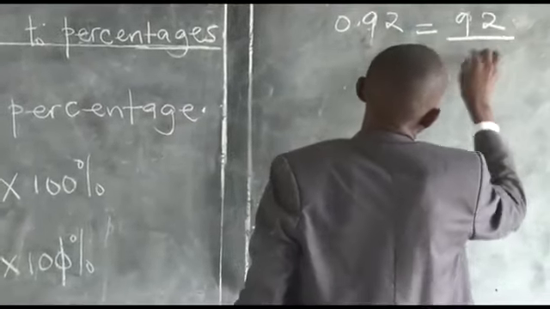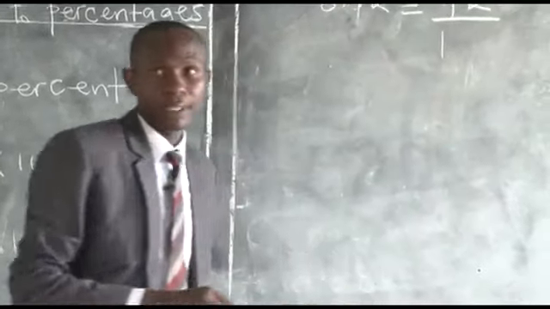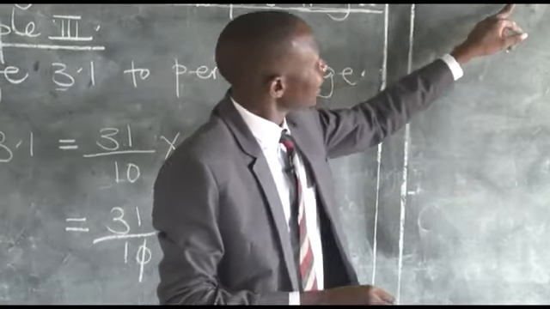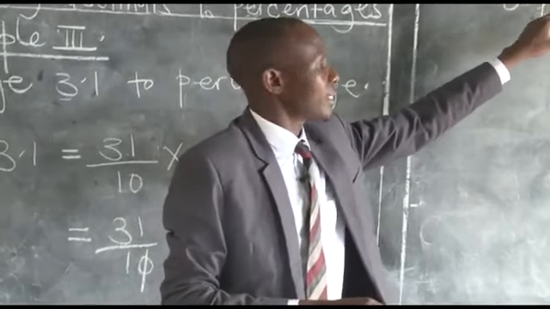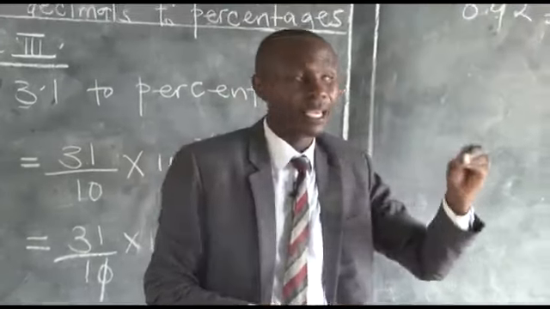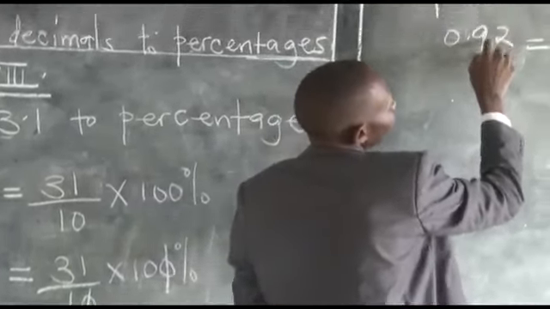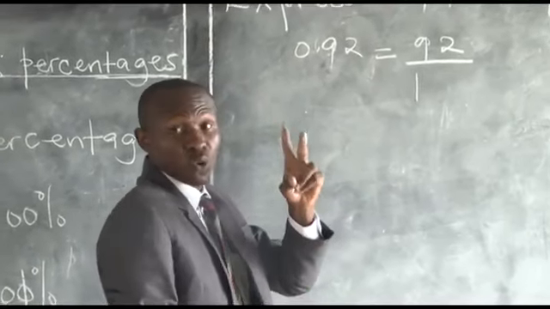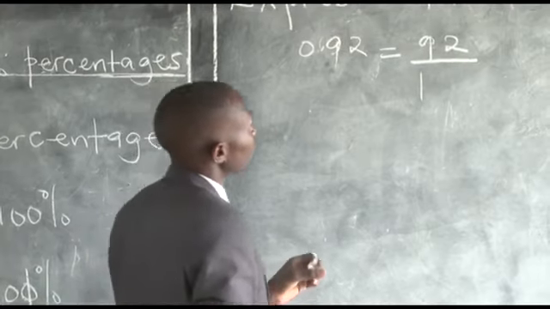So we shall have 92 out of 1. After putting there 1, let's count the decimal places that our decimal number has. From here up to here, this is 1 decimal place. This is the second. So they are 2 decimal places.